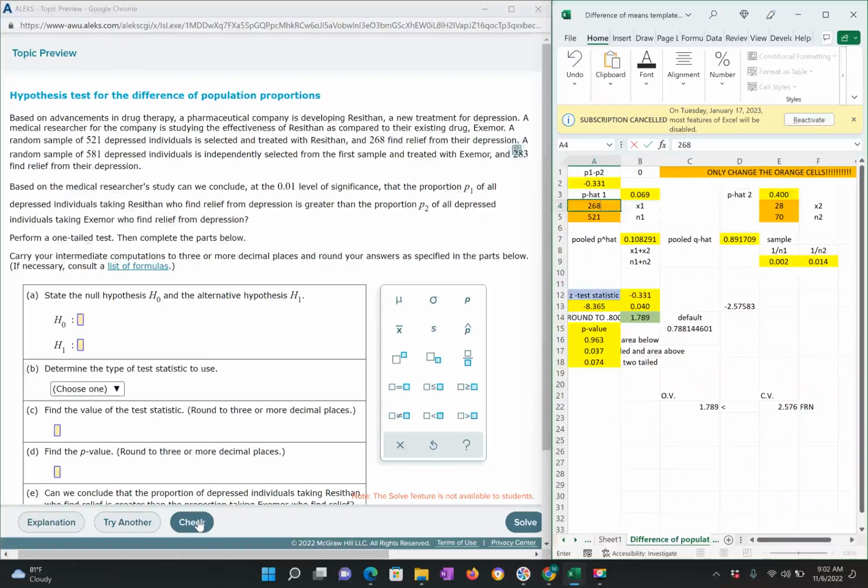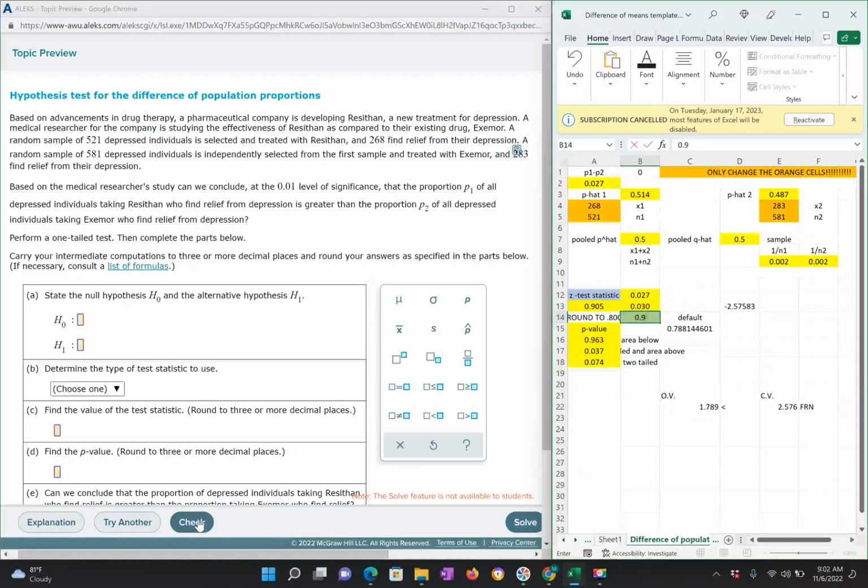Instead, a random sample of 581. So they have another sample of 581. They were selected, and 283 of these people found relief. So there's everything we need. Once again, remember that this can be rounded to 0.900.